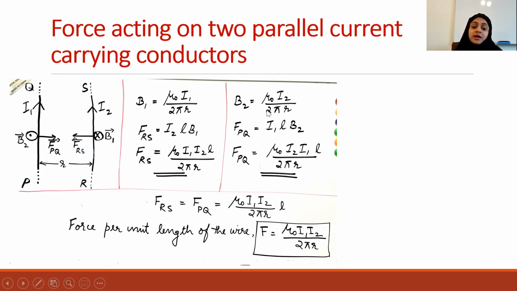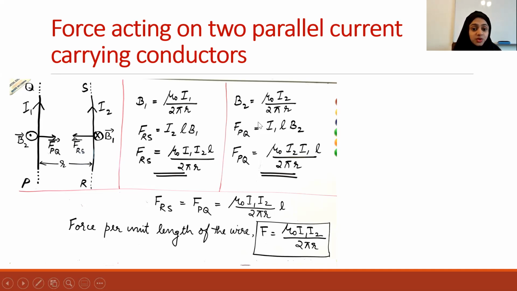Now again we will use the idea of the magnetic field produced by I2 at a distance r from the wire. B2 is equal to mu naught I2 by 2 pi r. And again the current carrying wire I1 will experience a force F_PQ due to this wire. So F_PQ is equal to I1 L B2.